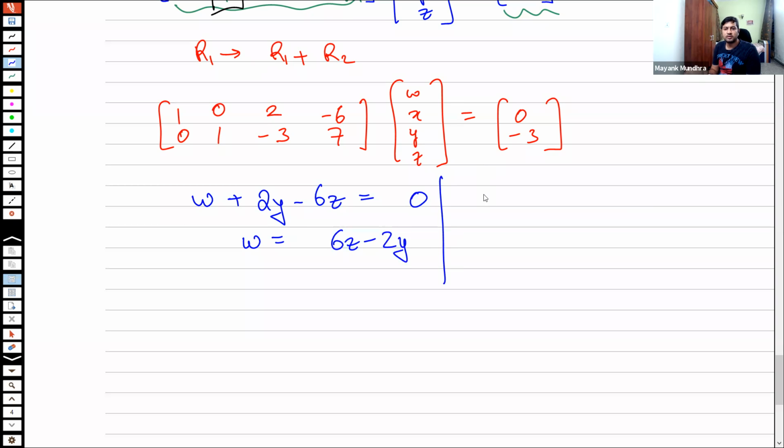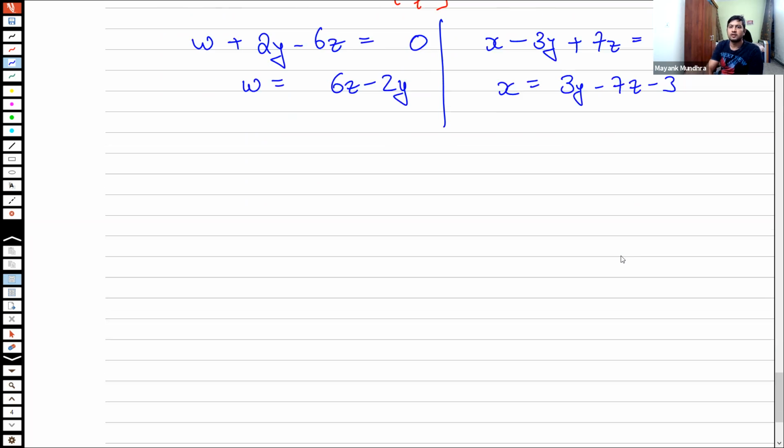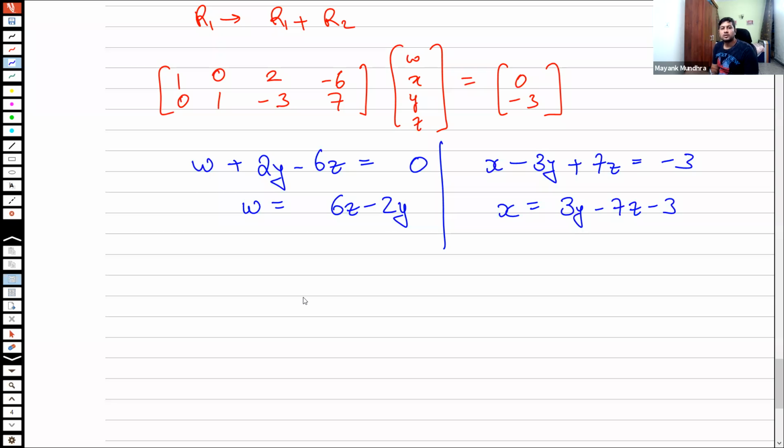And the second equation becomes x minus 3y plus 7z equals minus 3, so x equals 3y minus 7z minus 3. So one of the solutions becomes w, x, y, z.